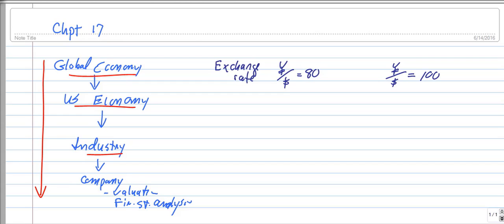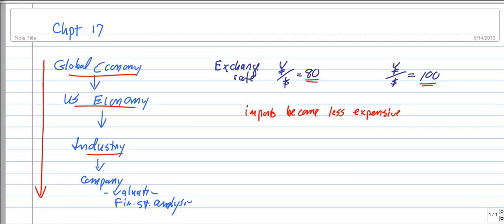Well, if we go from a dollar being worth 80 yen to a dollar being worth 100 yen, then for the same dollar, we can now get more Japanese yen. This is going to make imports cheaper. Imports in the U.S. become less expensive, because now the same dollar buys us more.